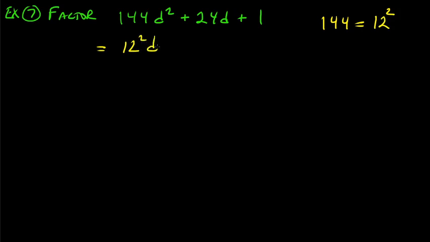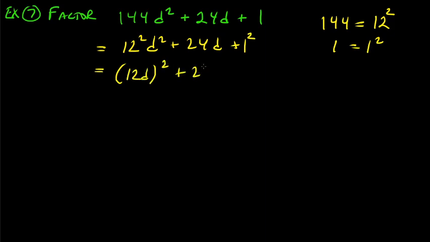This is 12 squared times d squared plus 24d plus 1. And 1 squared is 1, so 1 is also a perfect square. So 12 times d quantity squared plus 24 times d plus 1 squared. What's in the parentheses, that's my a and b. A is 12 times d, and b is just 1.